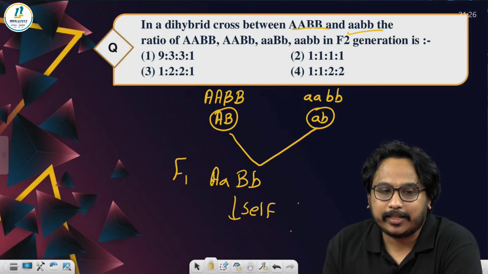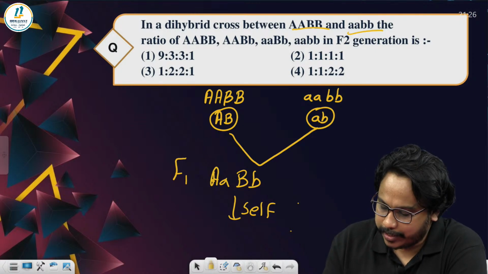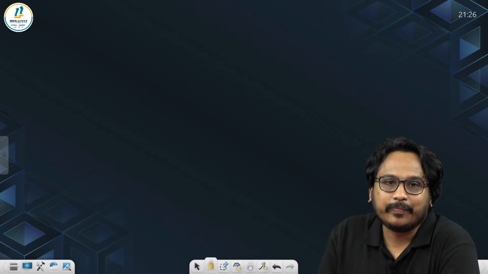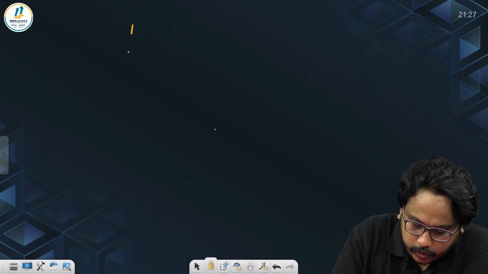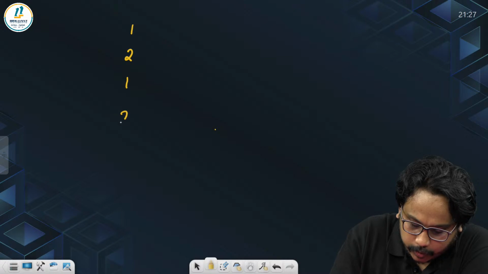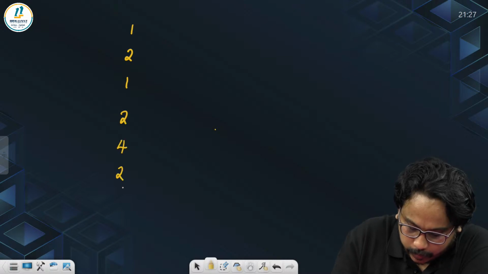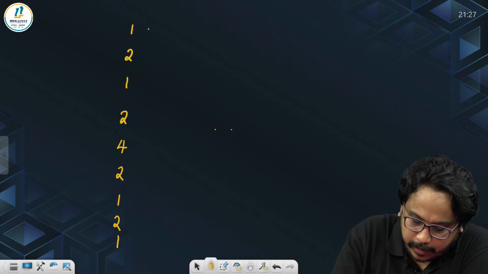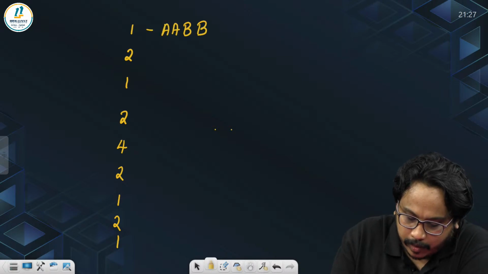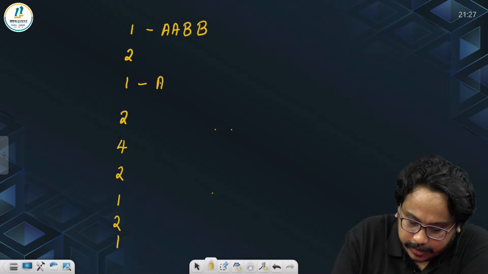So I am going to write the genotypic ratio. You might have learned the genotypic ratio from the dihybrid experiment. You may be knowing it is 1:2:2:4:2:1:2:1... I'm going to write it. The first one will be capital A, capital A, capital B, capital B. All the ones that I am going to write will be double homozygous.